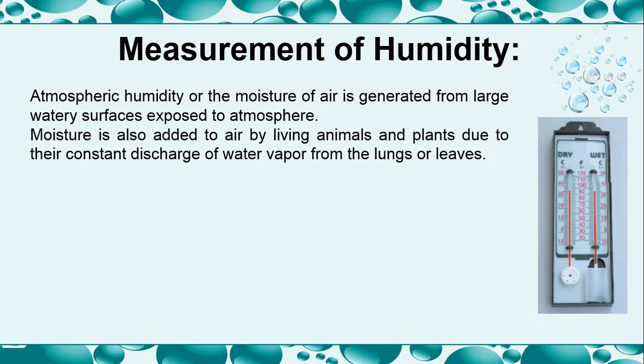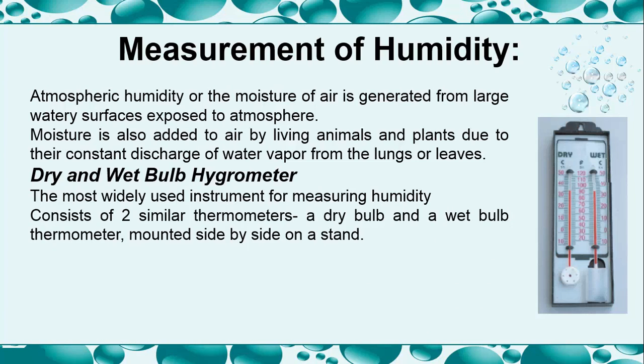How can we measure humidity? The instrument used for measurement of humidity is called the dry and wet bulb hygrometer. This is the most widely used instrument for measuring humidity.